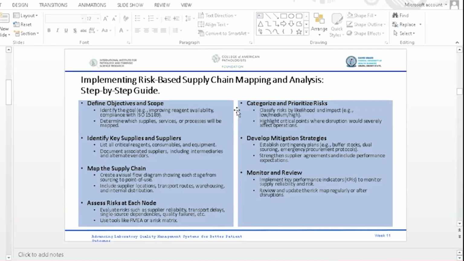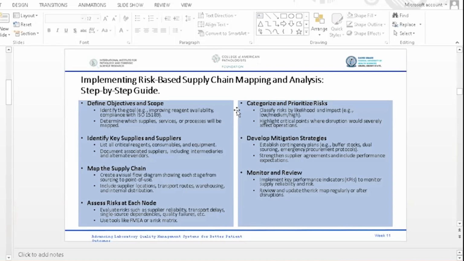What is the objective of your risk-based supply chain mapping, and what scope do you want to cover? This involves identifying the goal. Example, the goal could be to improve reagent availability. It could also be compliance with ISO 15189.